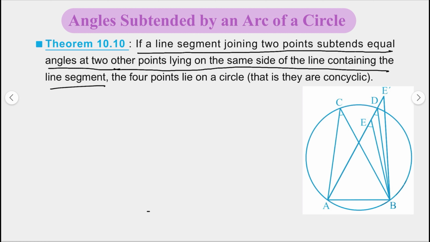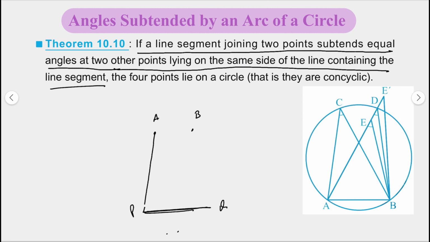So if we have this line segment, and if we have any 2 points on the same side of the line segment, joining 2 points, let's name them A and B, subtends angles at two other points lying on the same side. Same side means either these 2 points should be on the upward side or the downward side. Let's name them P and Q.